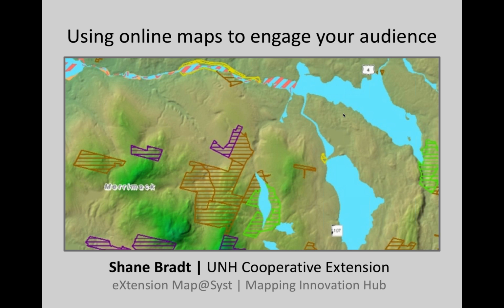As I stated before, using online maps to engage your audience is probably the overall theme of a lot of the work that people in Map Assist and also folks who use mapping in Cooperative Extension are looking at. This is meant to be a very basic introduction to why you might want to use online mapping, looking very briefly at a few different examples of how online maps can be used or created.